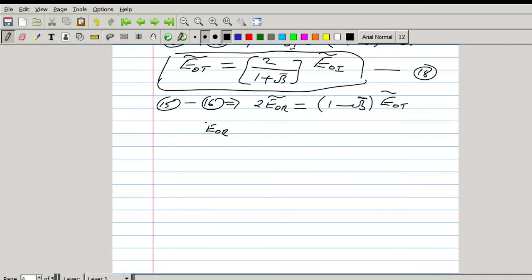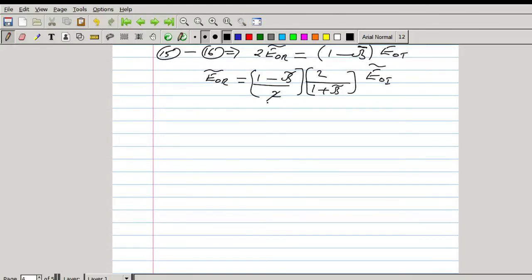E0R equal to 1 minus beta by 2 into E0t. What is E0t? E0t is 2 by 1 plus beta into E0I. So this 2 will cancel.